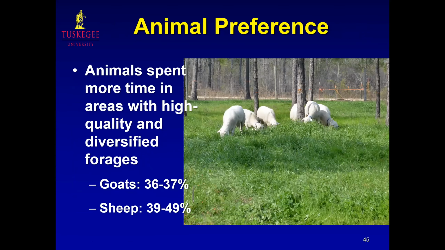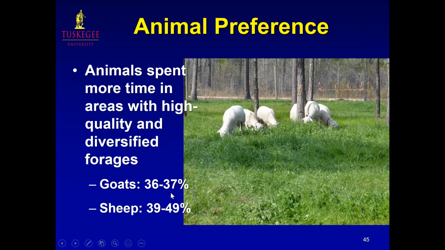Okay, so animal preference, this is another study done at Tuskegee University, and these animals spend more time in the area which has multiple forages versus which had less forage types there.